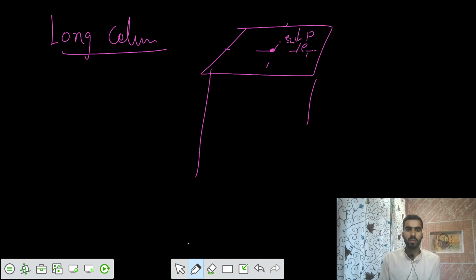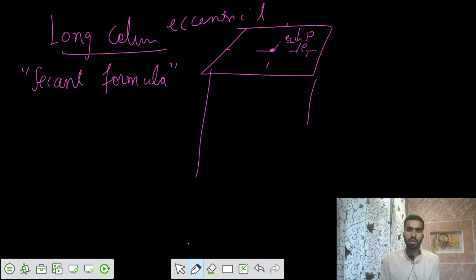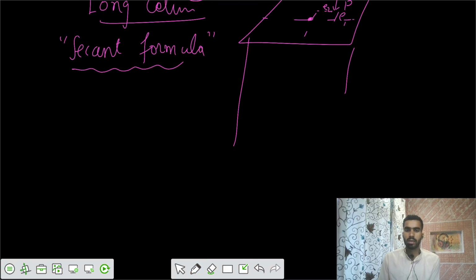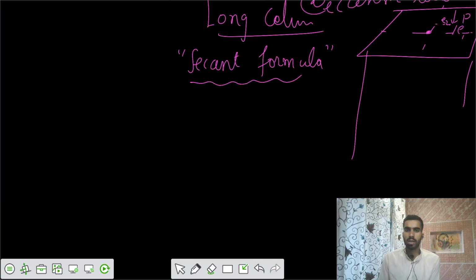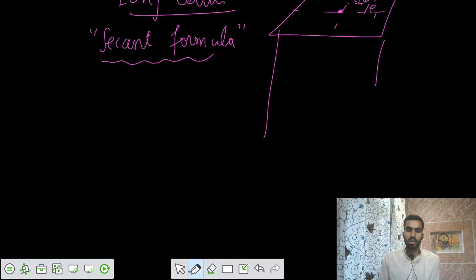That means for this one we have one equation that we call the secant formula. It takes the action of eccentric loading for long columns. Long column subjected to eccentric loading. For that we use the secant formula, and it's a long formula. It's not in the particular syllabus we have.